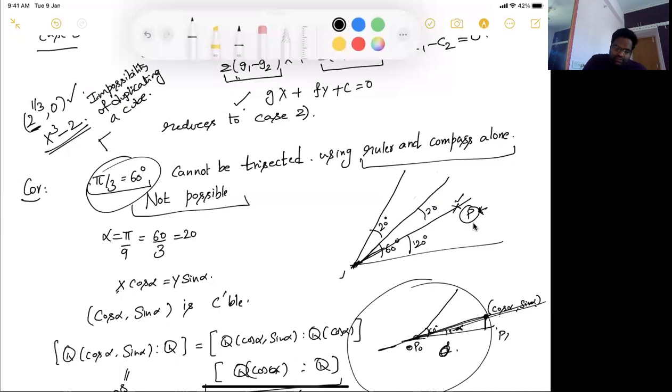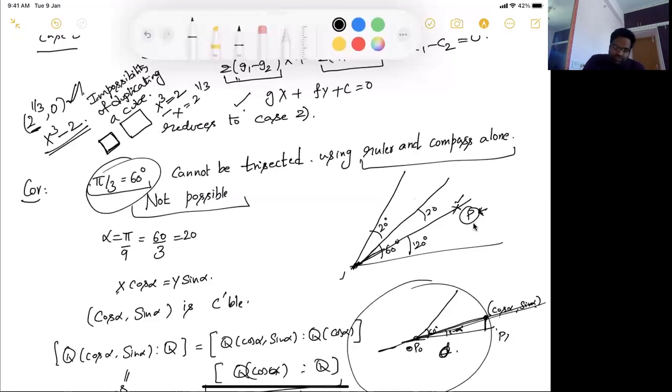If you have a unit cube, is it possible to come up with a cube of volume equal to 2 using ruler and compass alone? If this is possible, that means 2 to the power of 1/3 is constructible. But as we can easily see, x cube minus 2 is irreducible, and the degree of the extension obtained by adjoining 2 to the power of 1/3 is equal to 3, which is not a power of 2.